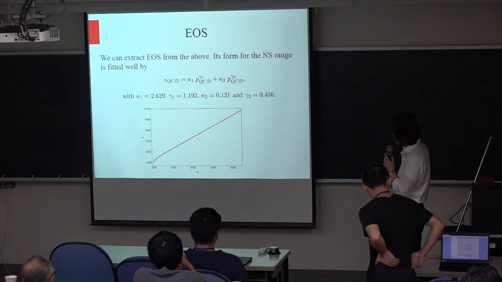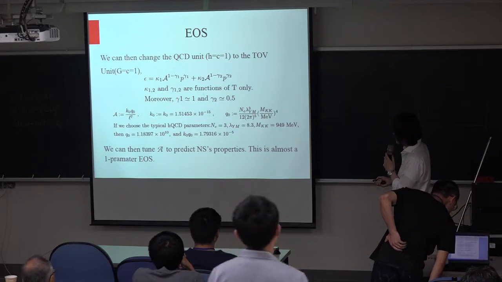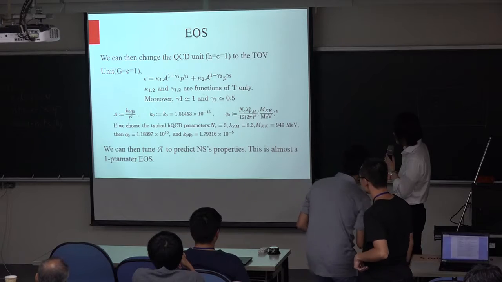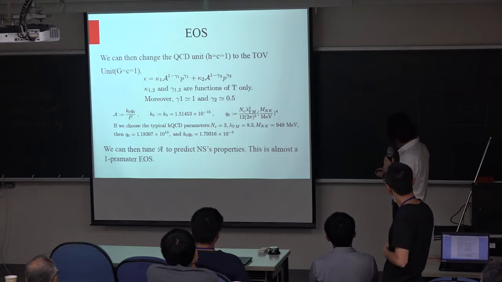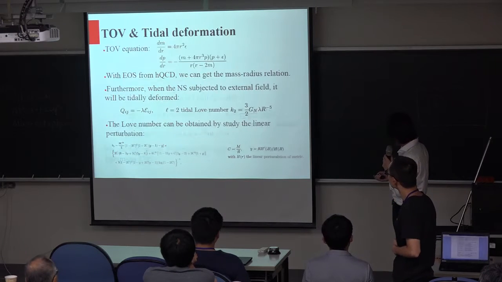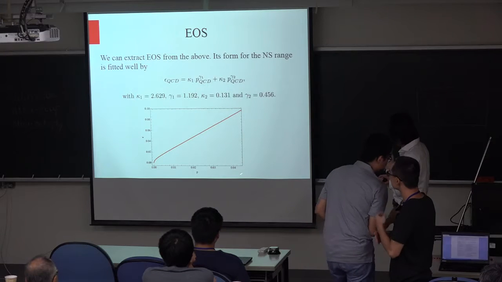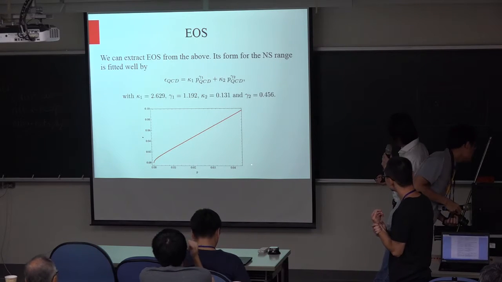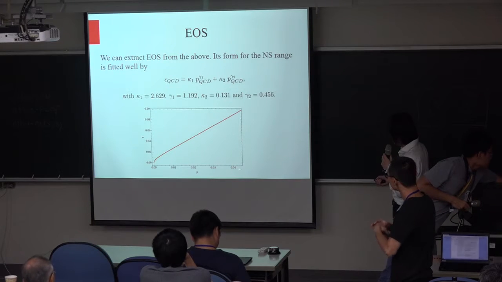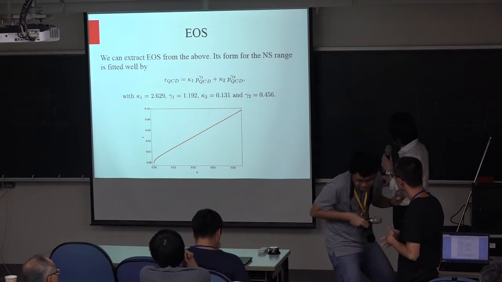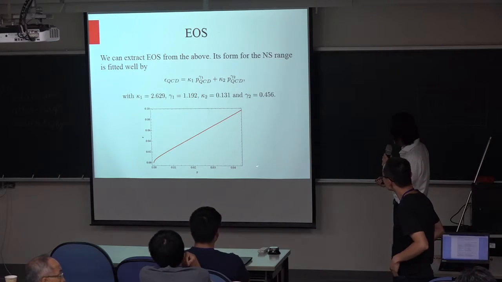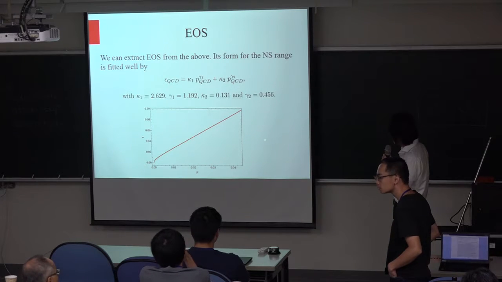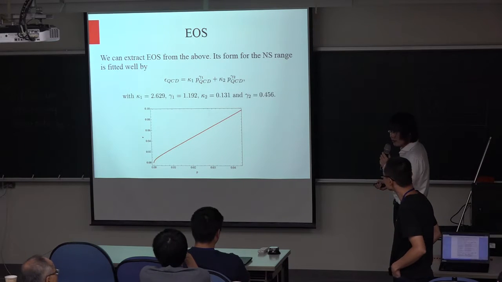When we change it back to the DOE unit by this relation, this P should be around the range of 10 to the minus 4 to 10 to the minus 2. So when it takes the largest value in the unit, 10 to the minus 2, you will have about 0.05. So this is one thing.